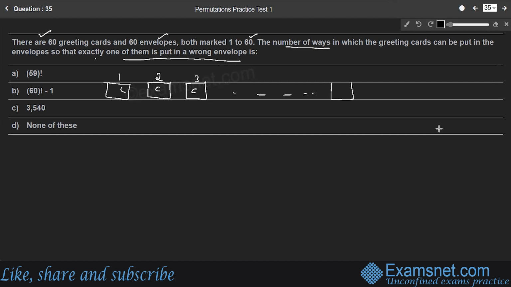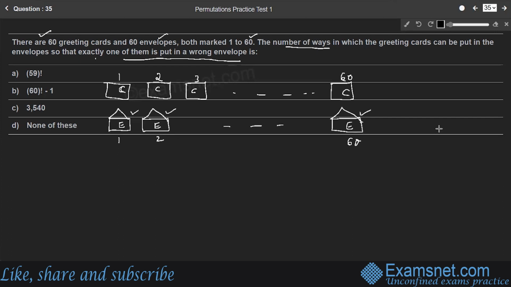And 60 envelopes: envelope 1, envelope 2, so on up to envelope 60. You can put card 1 in the second envelope, or in the first envelope also, or in envelope 60 also, right?